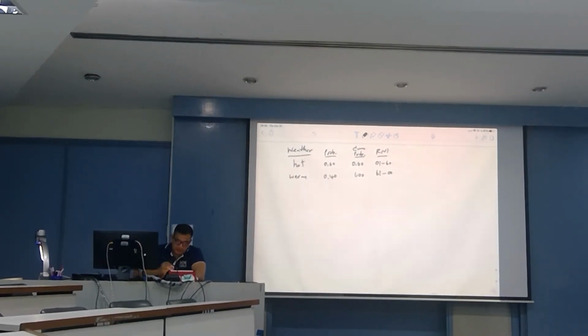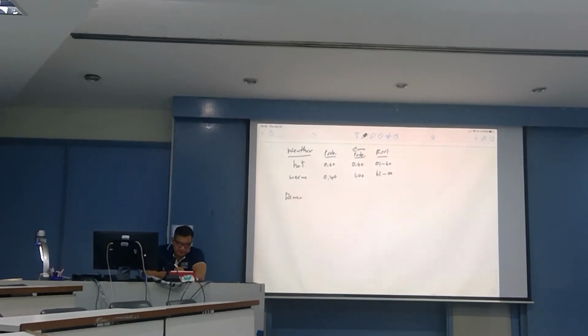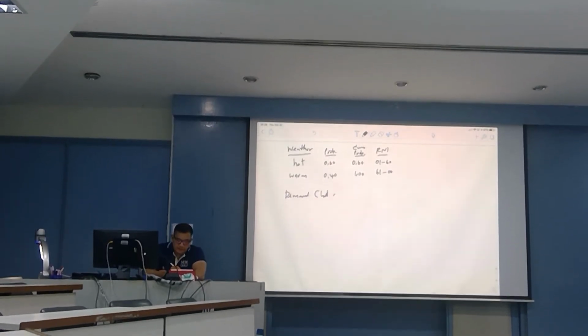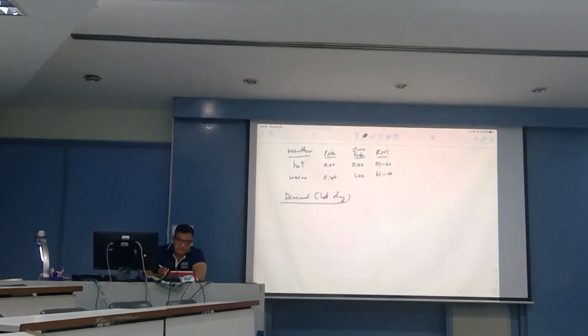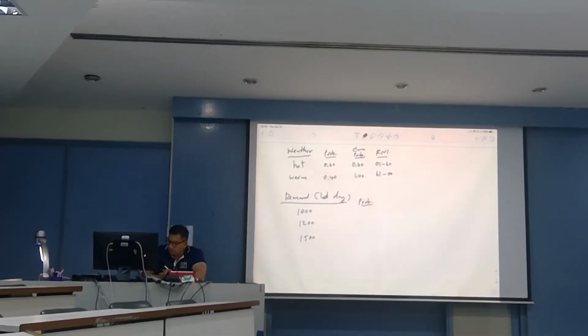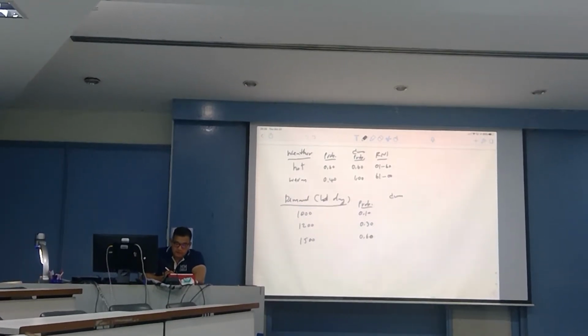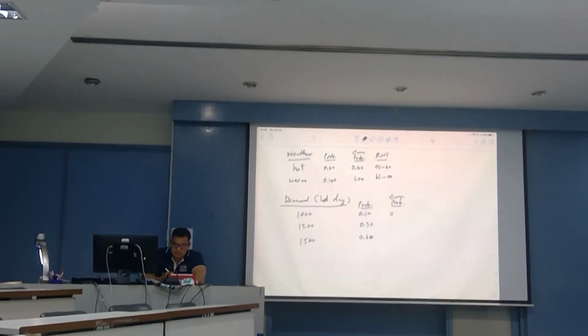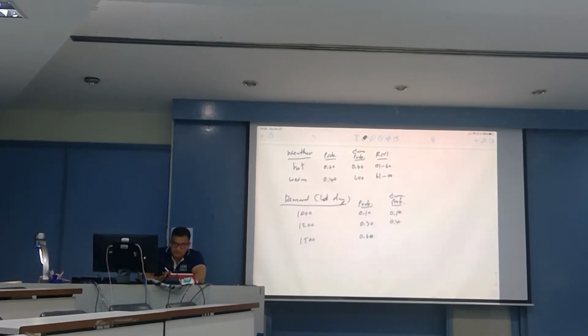And we also have the demand. Okay, we have demand on hot day: 1,000, 1,200, 1,500. The probabilities are 0.1, 0.3, 0.6. So then the probability distribution is here, 0.1, 0.4, 1.